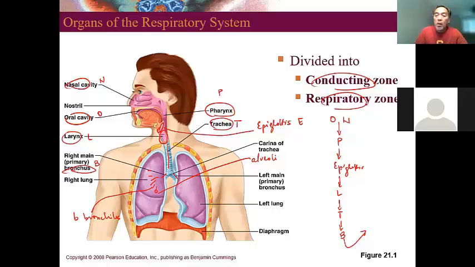So the area where the conduction system allows gas exchange is now called the respiratory zone. So I'm going to divide the bronchioles into a terminal bronchiole and a respiratory bronchiole. That's going to be a respiratory bronchiole.